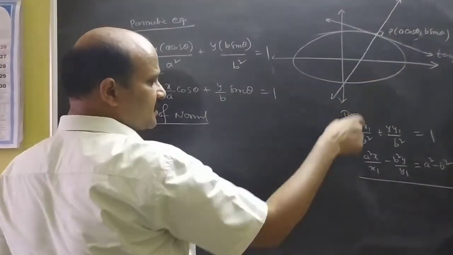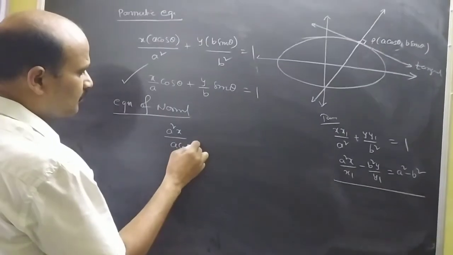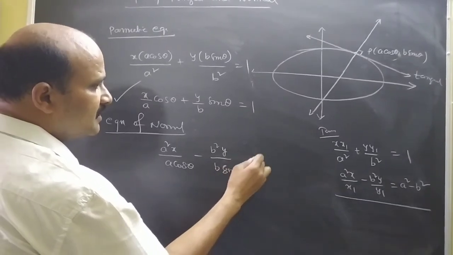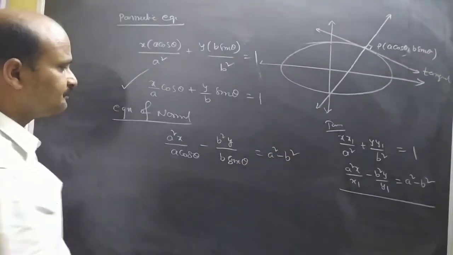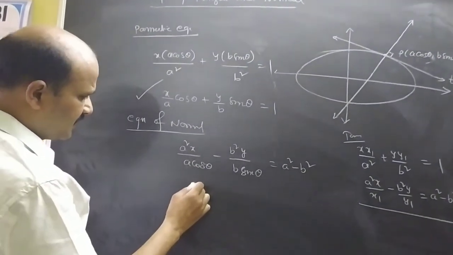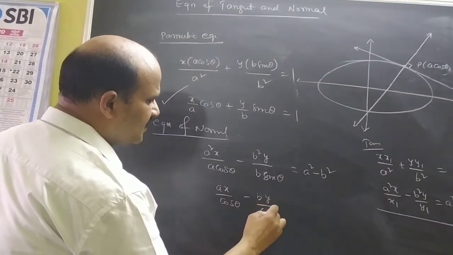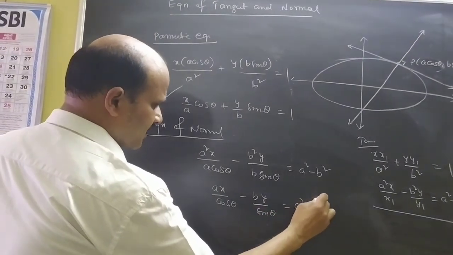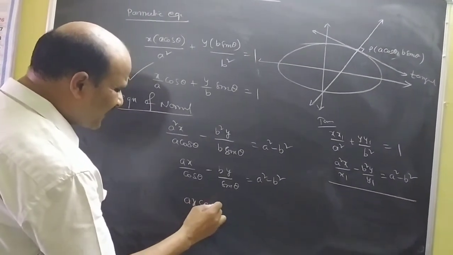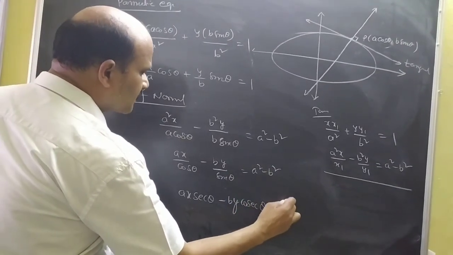Now the point is this, so instead of x1, a²x/(a cos θ) − b²y/(b sin θ) = a² − b². Now the a and b will be cancelled, so this is ax/cos θ − by/sin θ = a² − b². Now the equation of the normal is ax sec θ − by cosec θ = a² − b².